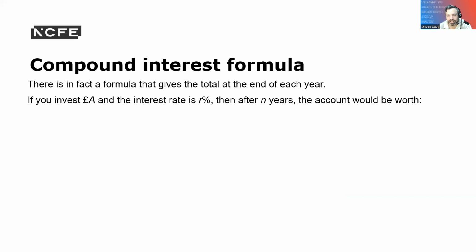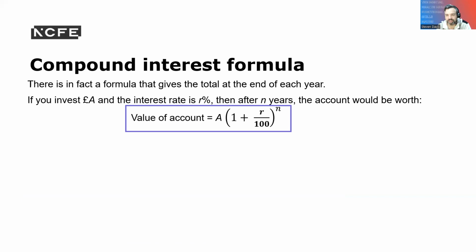There is in fact a formula that can give you the total for the year on year. If you invest A pounds and the interest rate is R, then after N years the account would be worth A(1 + R)^N, where R is the interest rate and N is the number of years.